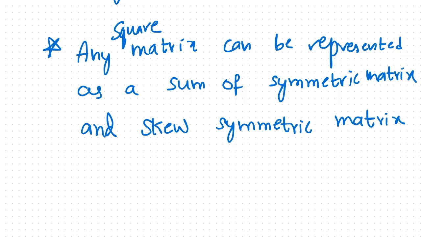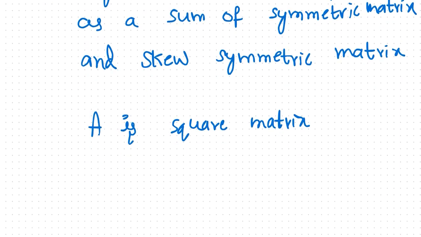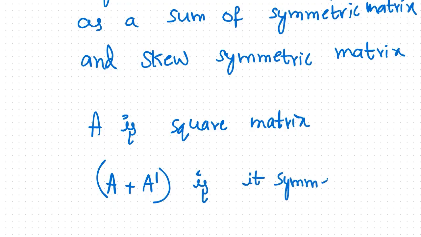Let's say A is a square matrix. My question is whether A plus A dash is symmetric or skew symmetric.